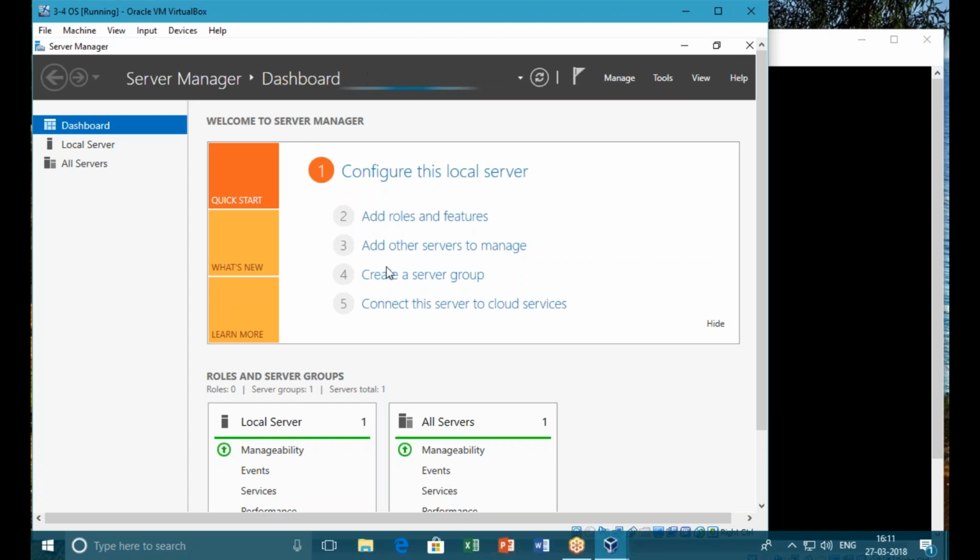Still loading. Okay, we will try to do it on this system. Let's see.